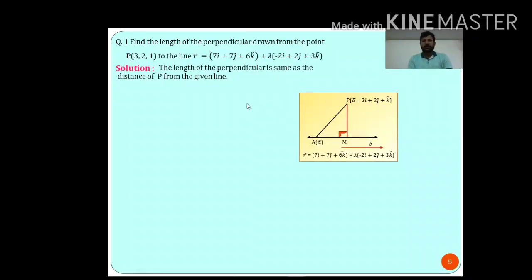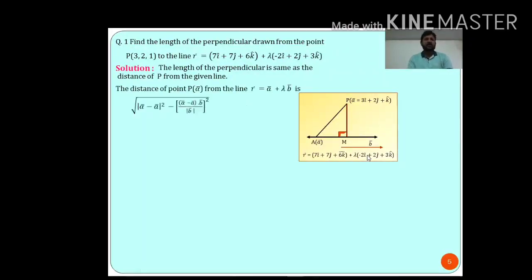We already proved the theorem: the distance of a point P of alpha bar from the line R bar equal to A bar plus lambda times B bar is given by the formula: square root of, magnitude of alpha bar minus A bar squared, minus, the bracket alpha bar minus A bar dot B bar divided by magnitude of B bar, whole bracket squared.